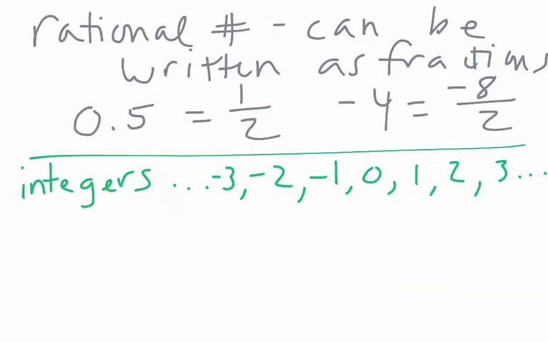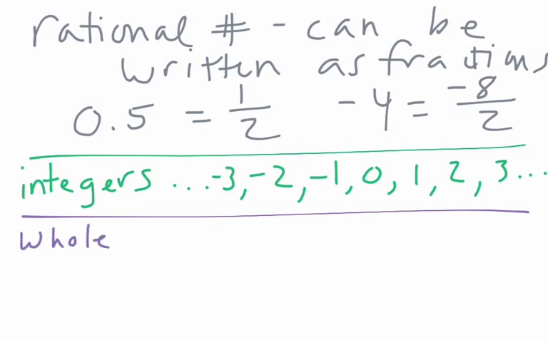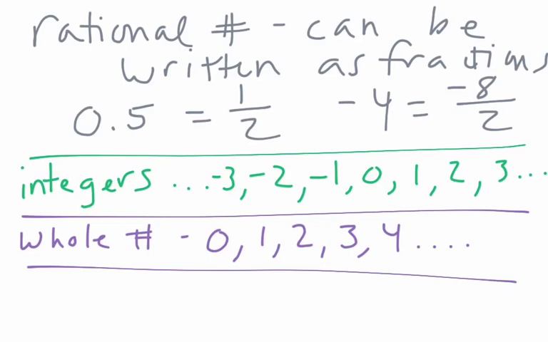The difference between a whole number and a natural number, I always forget this. I teach it at the beginning of college algebra and the beginning of algebra 2, and then I don't think about it again for another year. The whole numbers are simply your positive integers including 0, and your natural numbers don't include the 0.